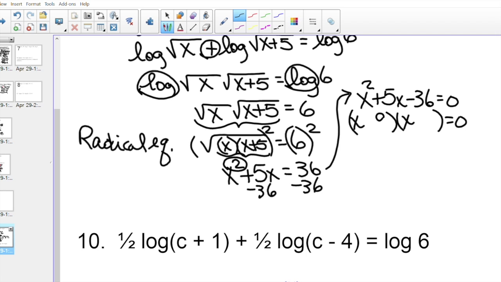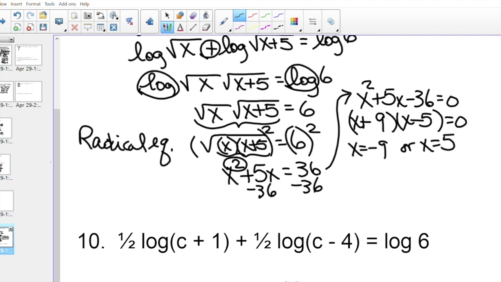9 and 4. Now when you subtract, you cannot have two negative signs. No, no, no. Only one. Now which one is positive and which one is negative? We all know that the sign of the larger number is the same as the middle term. So we have x is equal to a negative 9 or positive 4. Let's check out that negative 9 in the original problem.